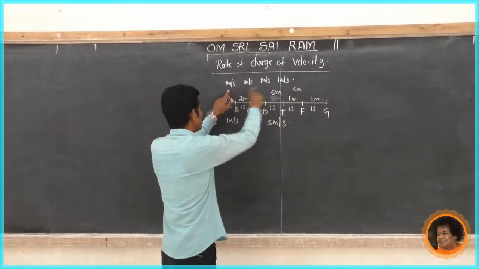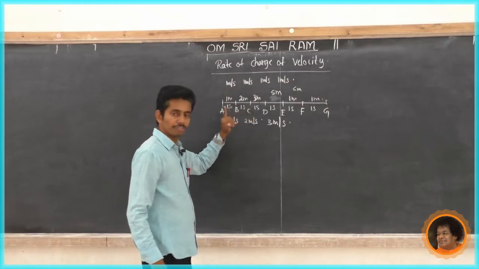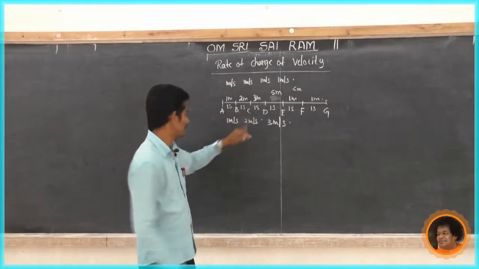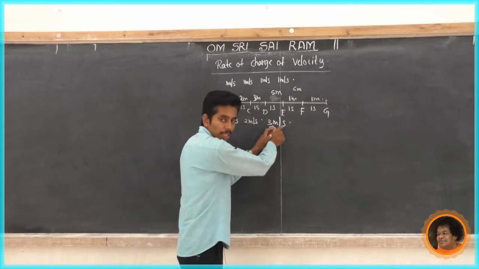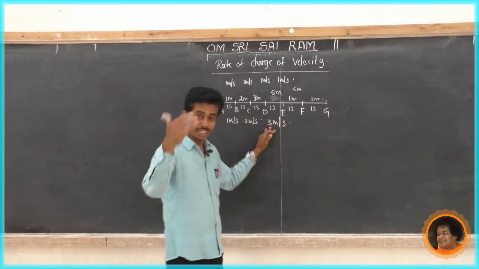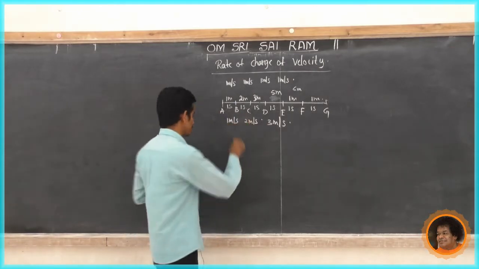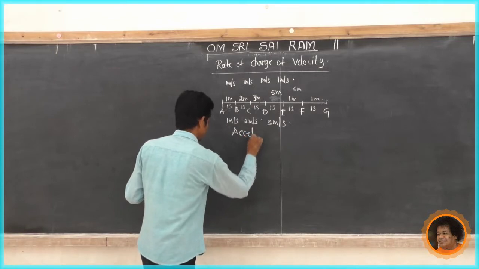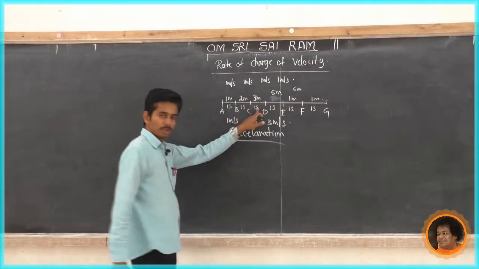No, because the velocity is constant. But in this, the velocity is 1 meter per second, next 1 second it is 2 meter per second, this is 3 meter per second, velocity changes with respect to time. So the rate of change of velocity is called acceleration. Very important. This is an example for acceleration.